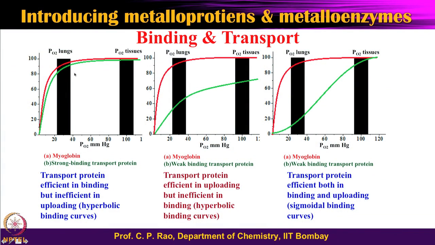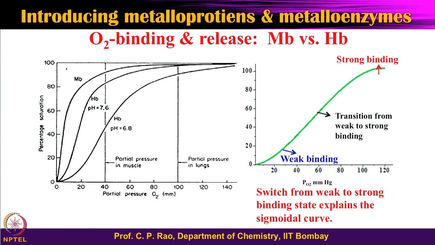The myoglobin case is completely hyperbolic, and if we were to have a protein which should have an optimal binding as well as the transport property, it should have a transition kind of a model, and that transition model will lead to what you have here, a sigmoidal curve.